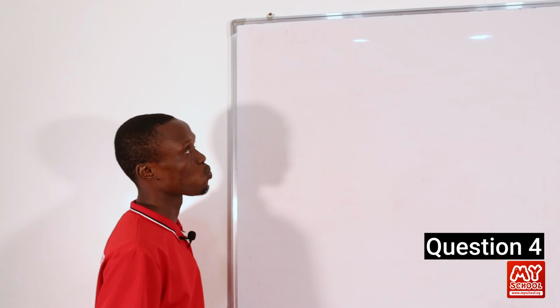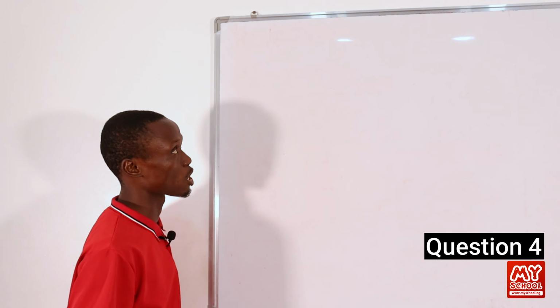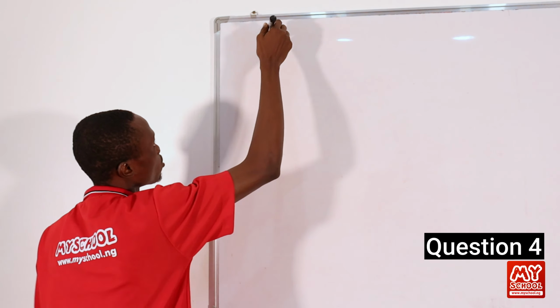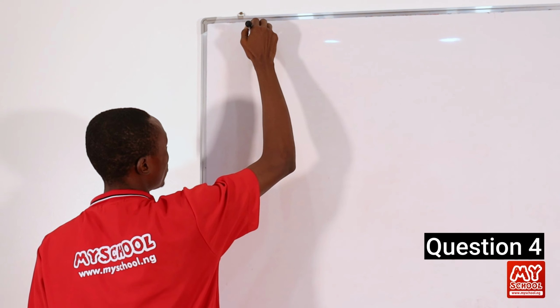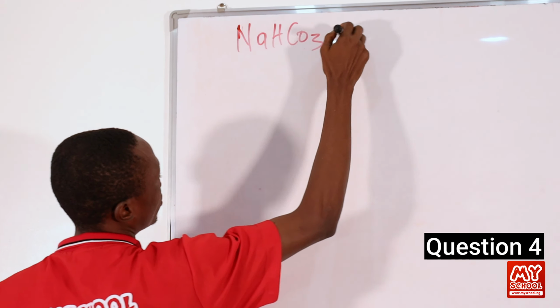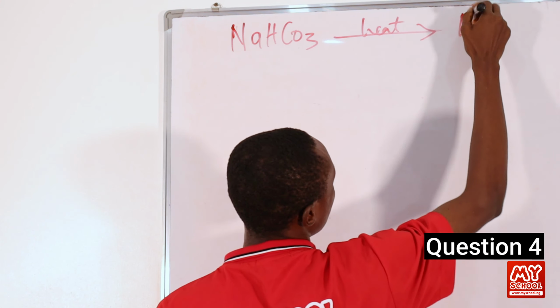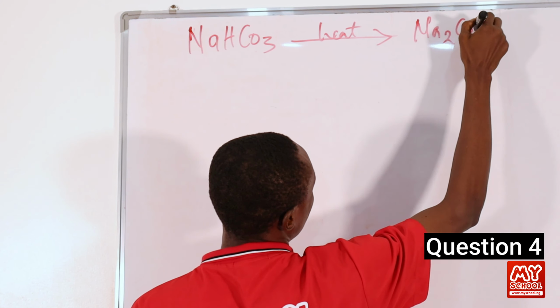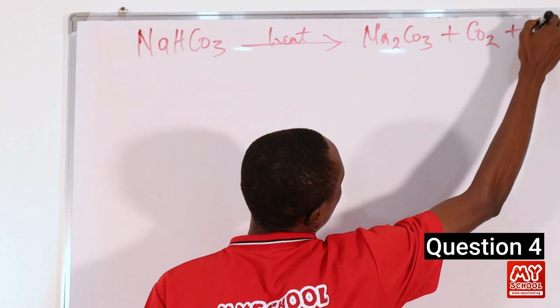So first of all, we must write an equation for the decomposition of sodium hydrogen trioxocarbonate IV. Okay, so the chemical formula of sodium hydrogen trioxocarbonate IV is NaHCO3. Okay, so we decompose by the addition of heat, and that will give us sodium trioxocarbonate IV and carbon IV oxide and water.